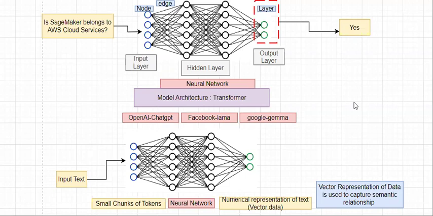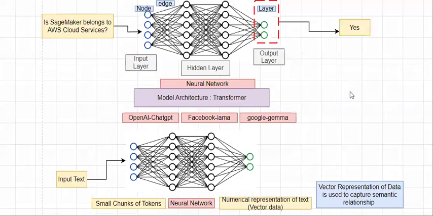Based on the sentence, the meaning of a word changes. So to identify that, for each and every word, we need to store a vector of data to capture the semantic relationship. By using a single numeric value, it is not possible to capture the semantic relationship.